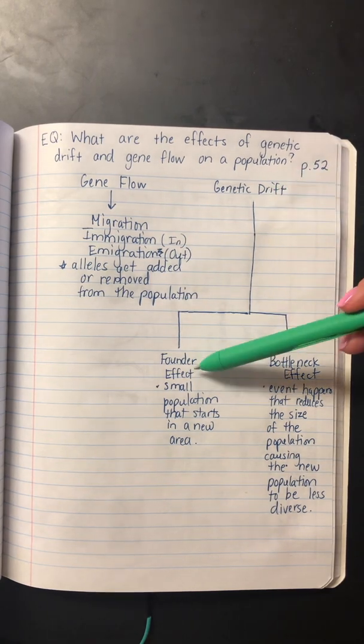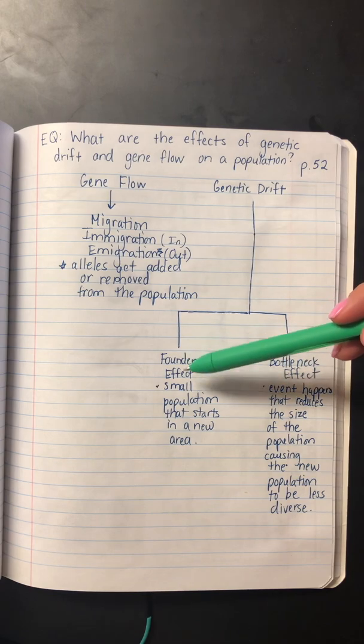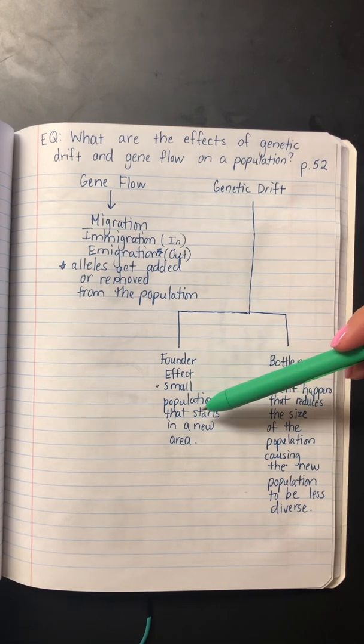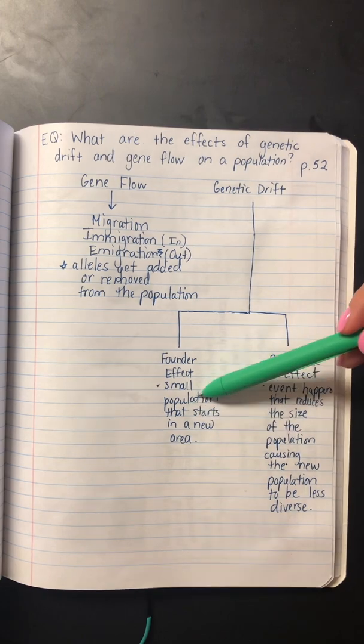Genetic drift can be broken up into the founder effect and the bottleneck effect. The founder effect, remember, is where a small population is started and they're the first ones to get there. So the secret here is that it's going to be the first organisms to populate an area.